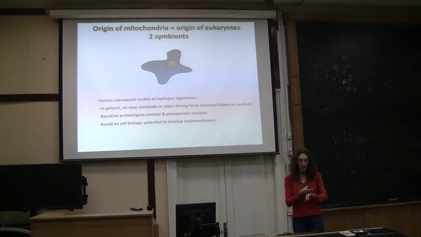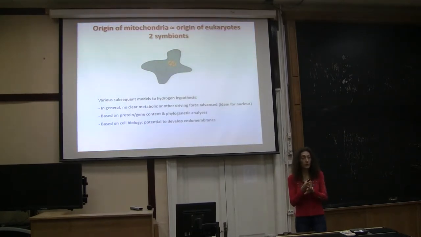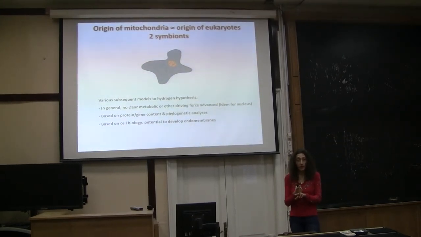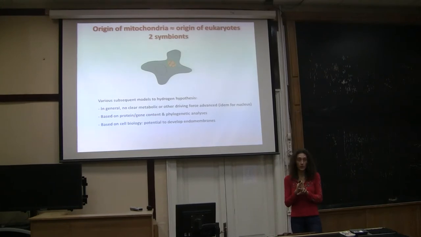there are models that propose a proto-eukaryotic lineage, a model with two different types of symbionts, one archaeon engulfing the ancestor of mitochondria, and one type of models proposing two endosymbioses and the endosymbiotic origin of the nucleus.